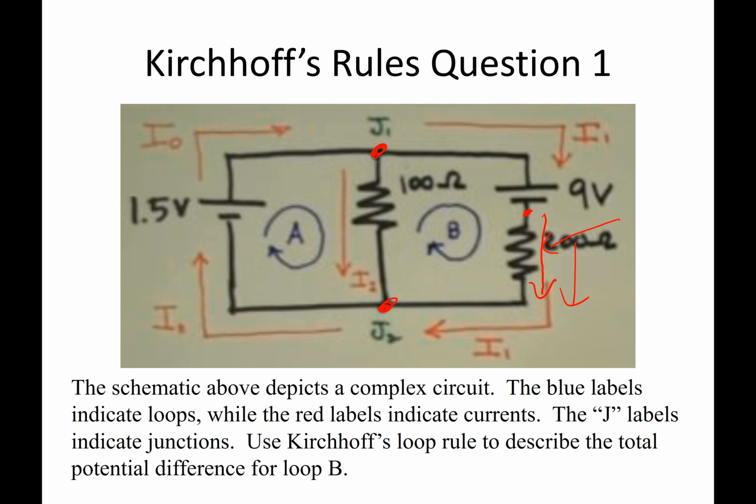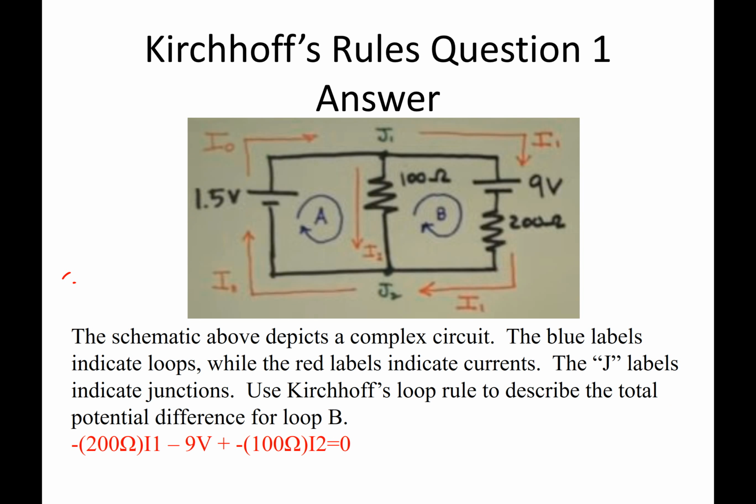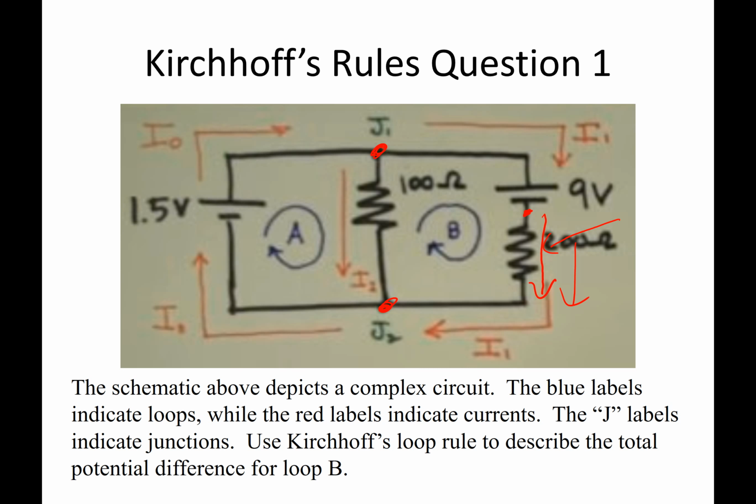So remember, V equals IR. So through this resistor, the 200 ohm resistor, if I want to know the voltage drop, I'm going to take the current through there, which is I1, times the resistance, 200 ohms, and it's a drop. So I'm going to use a negative to do that.